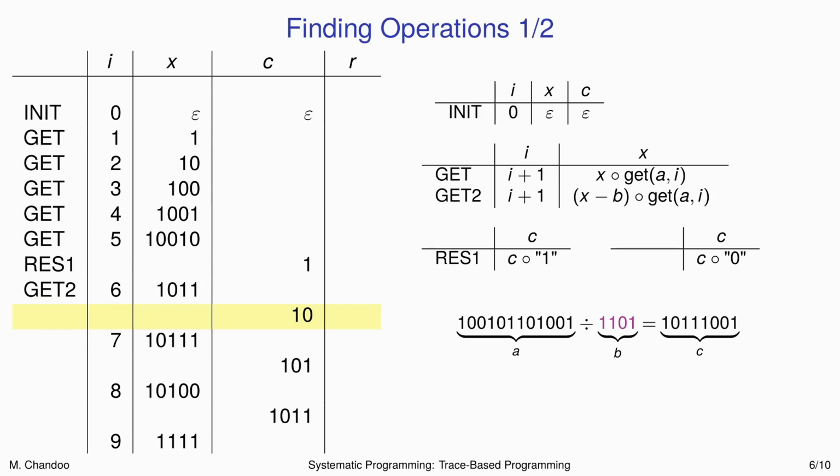We call this operation res0. Then again a get, and these two operations are res1. And these two operations are get2.